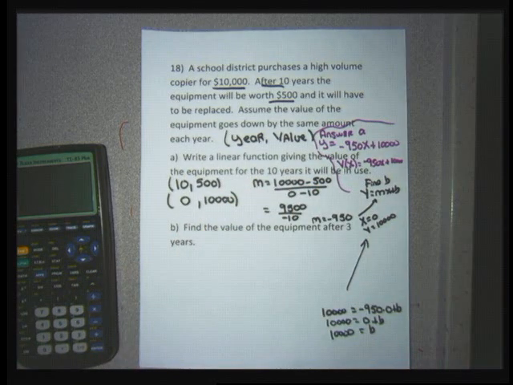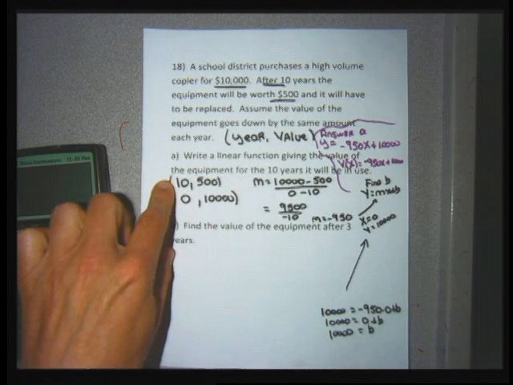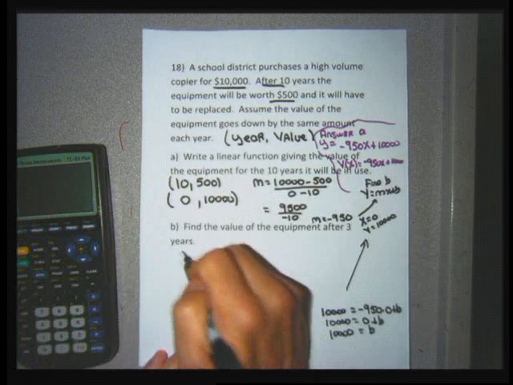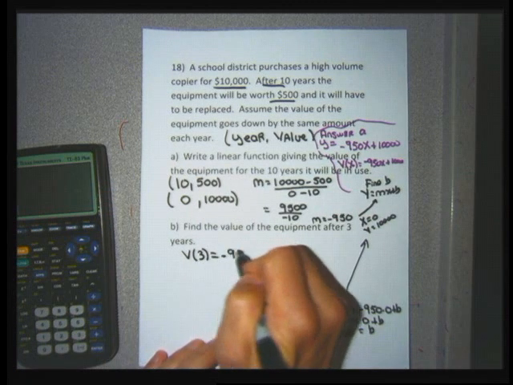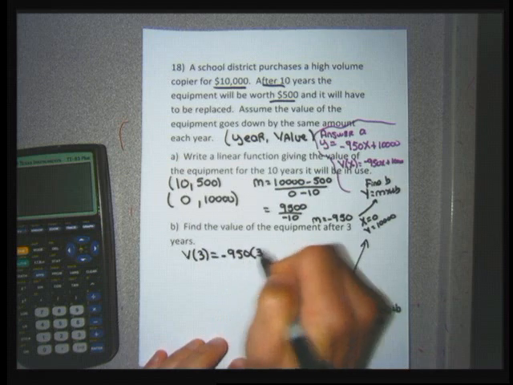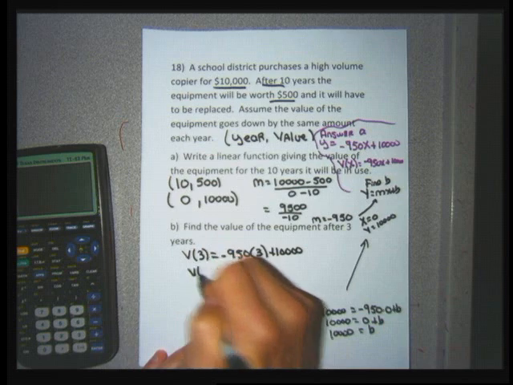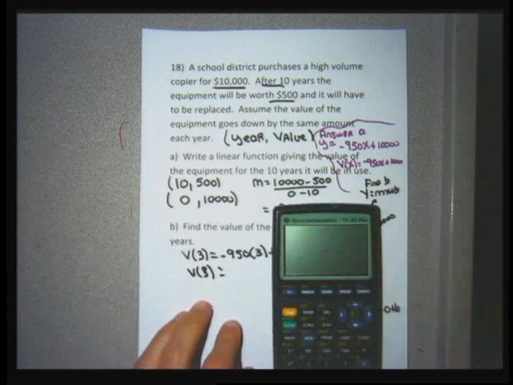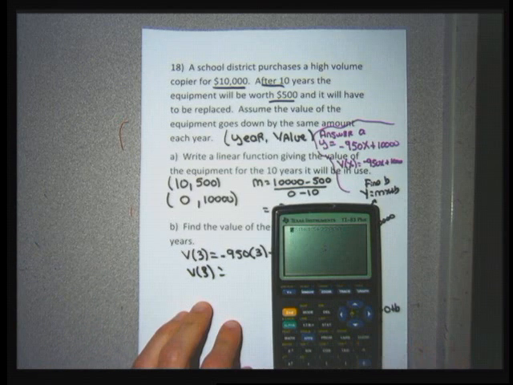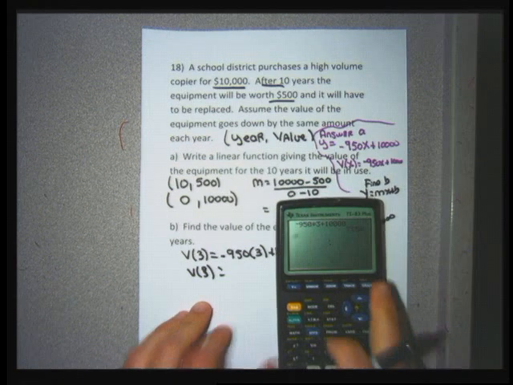Part B, find the value after 3 years. Because the x stands for the number of years, I'm going to plug in 3 for x into my equation, either the top or the bottom, it doesn't matter which. And I'll do it all in one line on my calculator. So I'm going to go negative 950 times 3 plus 10,000, and I get 7,150.